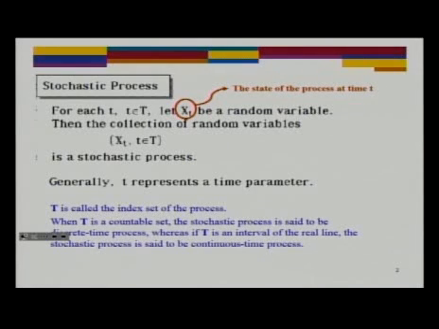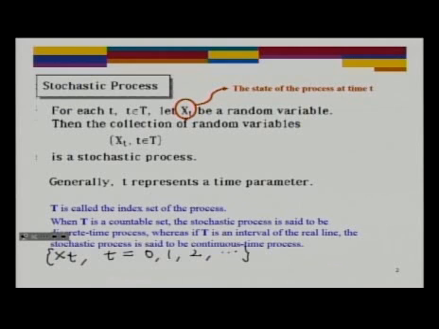This is my very first time to use this smart board, so let's see how it's going to work. Let's say X sub t, t equals 0, 1, 2, and so on. Can you see this clearly? Okay.